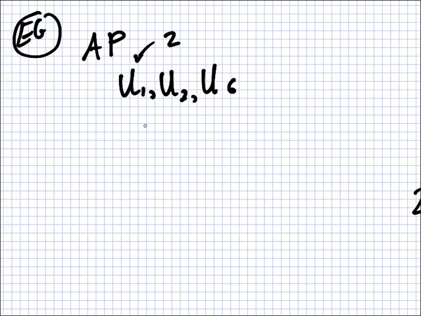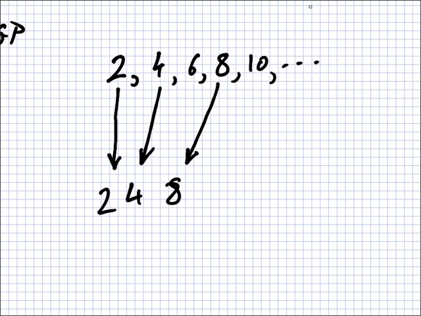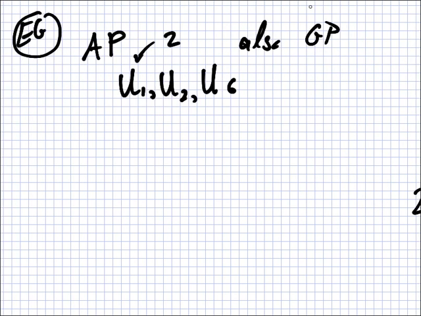Yeah, that's kind of what's happening here. I give you an AP sequence, but I tell you that the first, second, and sixth term in it are also GP. So these are both AP and GP. The first one is going to be A. It doesn't matter what it is.